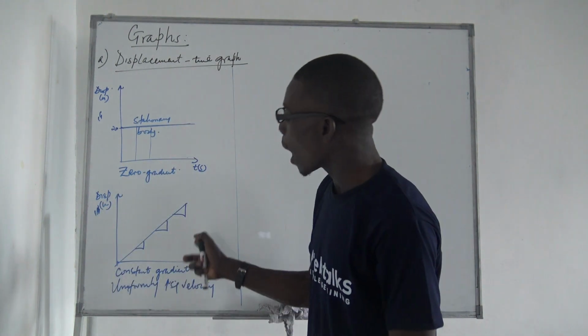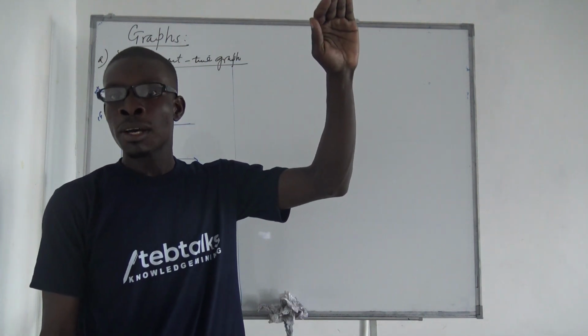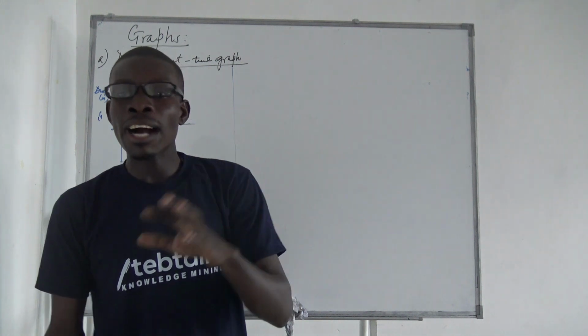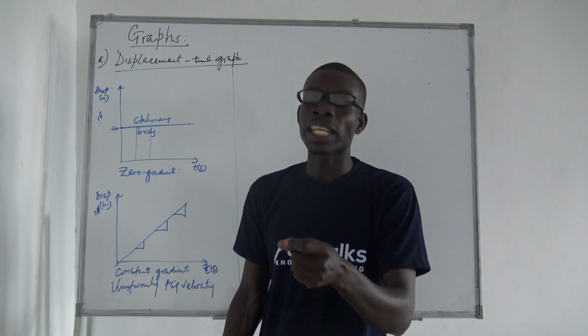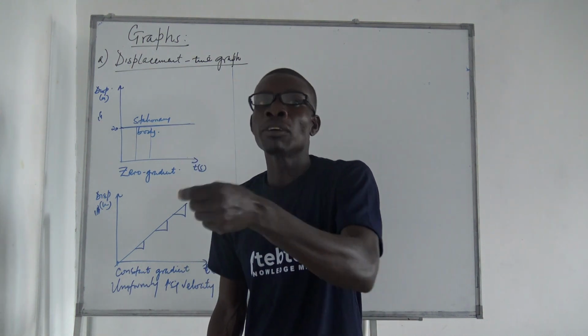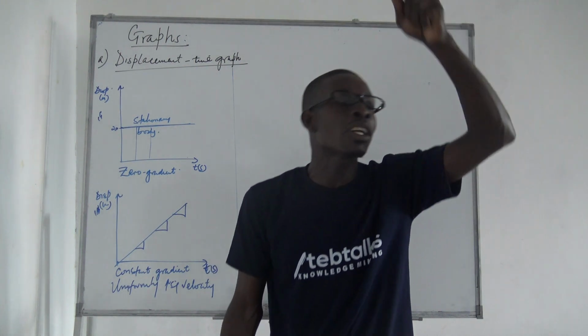And if that is happening, it means that the body is increasing the speed, but it is increasing the speed uniformly. Like I've told you, if a body is moving, in every 2 seconds it may be adding 5. Another 2 seconds adds another 5. Another 2 seconds adds 5.